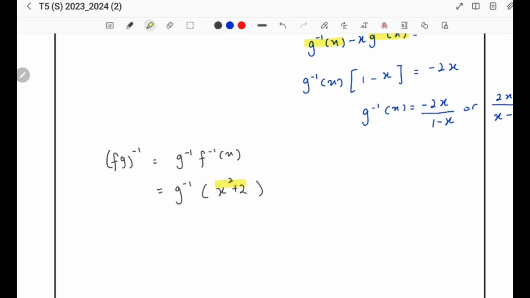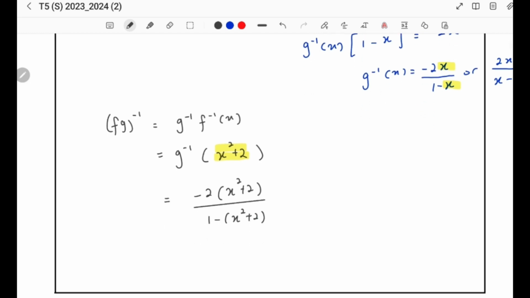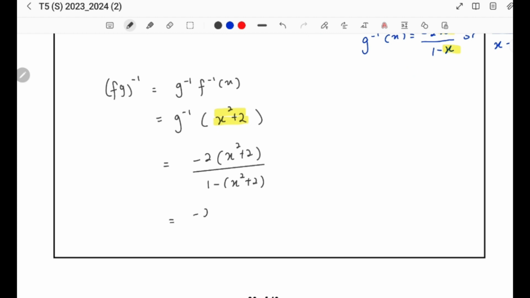Then substitute this into g inverse. Then rearrange.